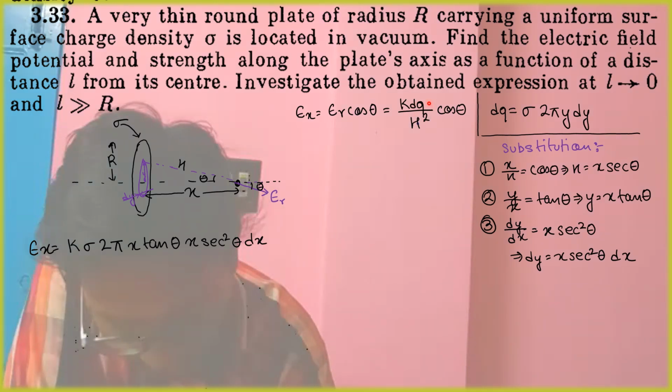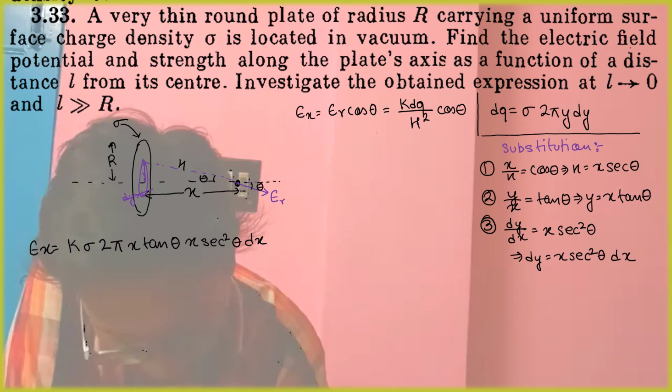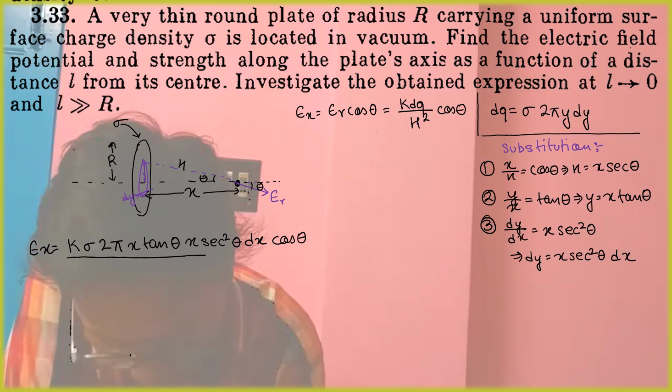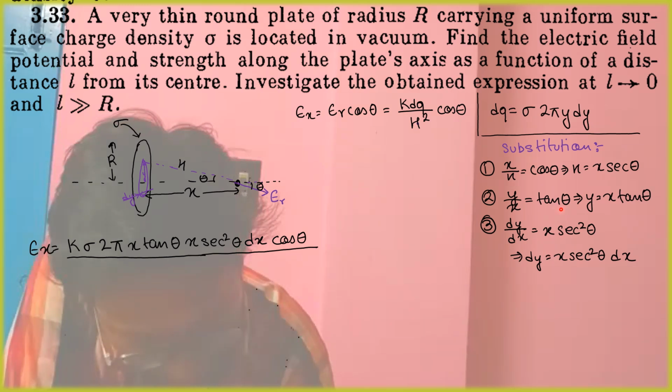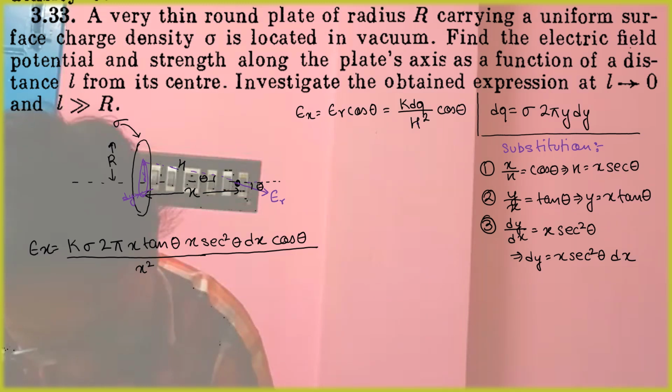Acha, I have done dq out here. This entire term was dq. And take cos theta also, no? So into cos theta. This cos theta I was forgetting out here. Divided by h square. What is the value of h? The value of h is nothing but x into sec theta. So therefore h square is nothing but x square sec square theta.